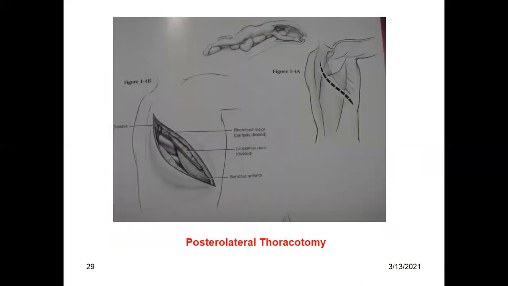This picture demonstrates the position of the patient during posterolateral thoracotomy, and also shows the incision used to perform this procedure and the muscles which are divided. This is a muscle cutting incision. The latissimus dorsi and serratus anterior muscles are divided.